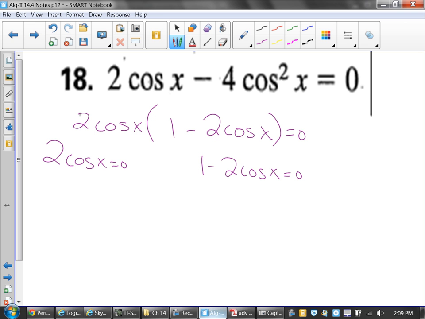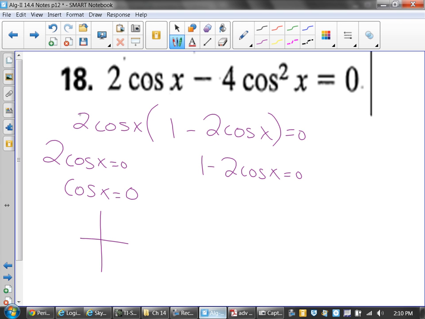On this equation, I'm looking for where cosine of x equals 0. Very good. This is a very big issue that's come up in both of the other class periods so far today. Whenever you have a trig function equal to 0, 1, or negative 1, where are you always looking?